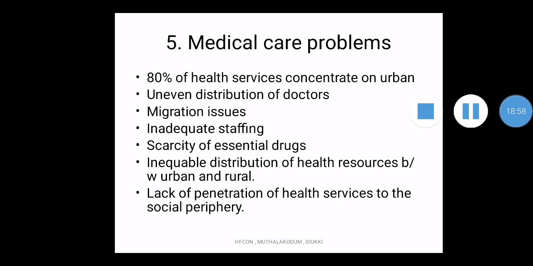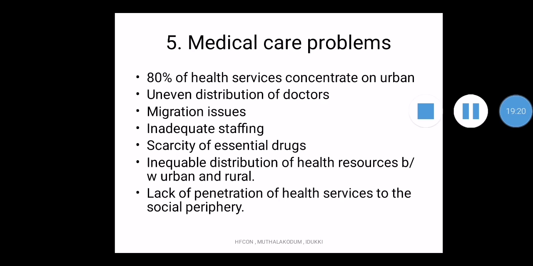This is why the government is trying to upgrade the sub centers and PHCs. Even in tribal and hilly areas, they give more concentration by decreasing the population coverage for each sub center and PHC. But still we have these issues, and migration is another cause.